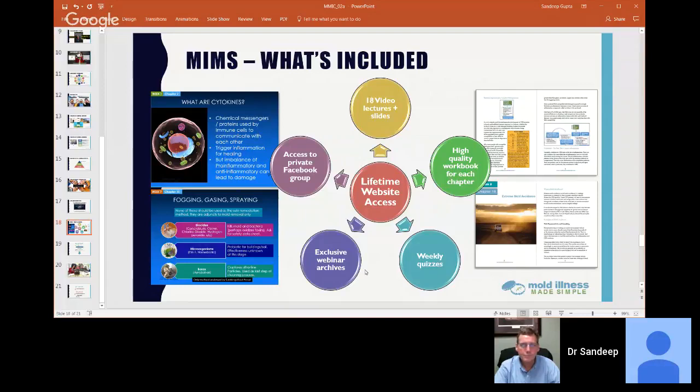So on the left-hand side, you'll see the sort of PowerPoint presentations and videos we provide in the course. On the right-hand side, you'll see the workbook that we provide for each chapter. So there's 18 chapters to this course that are delivered over 8 weeks, and each of them have these video lectures and slides. And then at the end of each week, we have a weekly quiz that you need to get through to get to the next one.